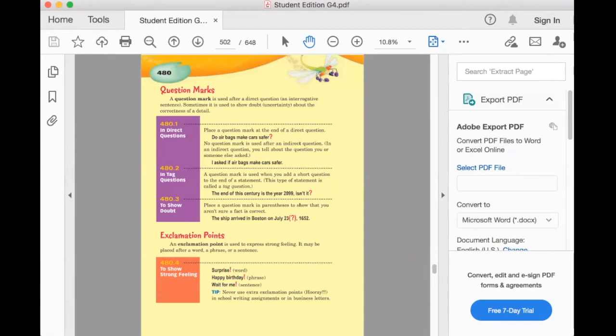Do airbags make cars safer? No question mark is used after an indirect question. In an indirect question, you tell about the question you or someone else asked. I asked if airbags make cars safer.